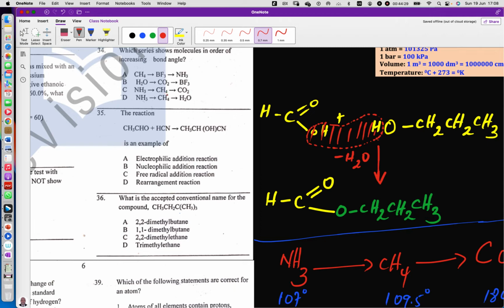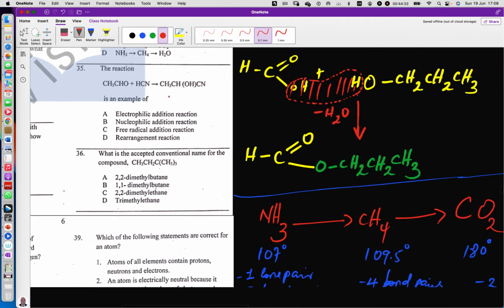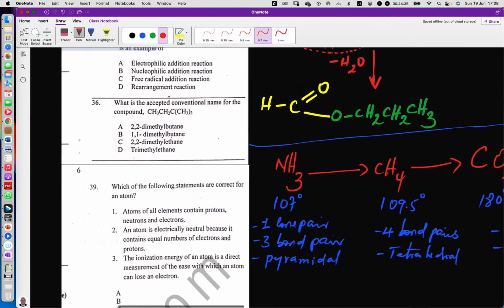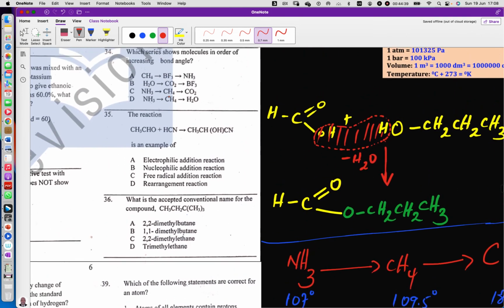I just drew something here. From this you will see that methane has a bond angle of 109.5. Ammonia has a bond angle of 107. Boron trifluoride has a bond angle of 120.